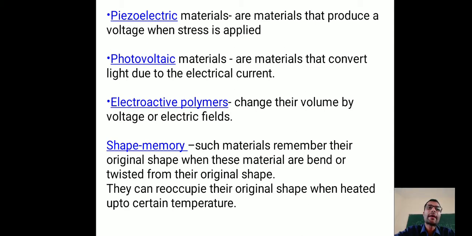Then photovoltaic material. Photovoltaic materials are the materials that convert light into electric current. So photovoltaic materials are such materials in which light energy is converted to electric current. Correct?